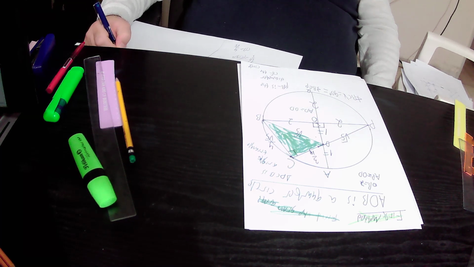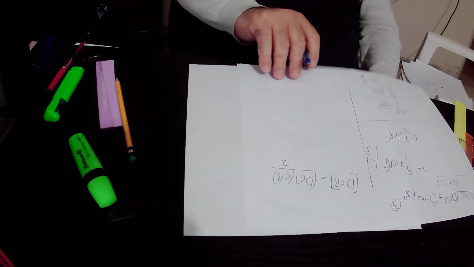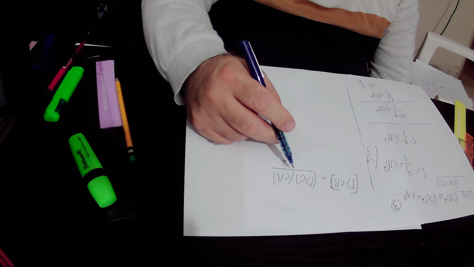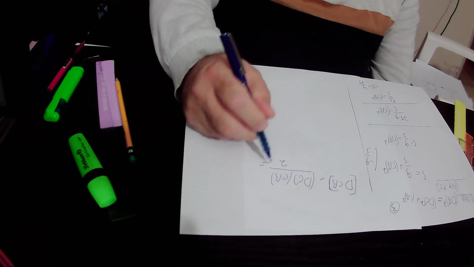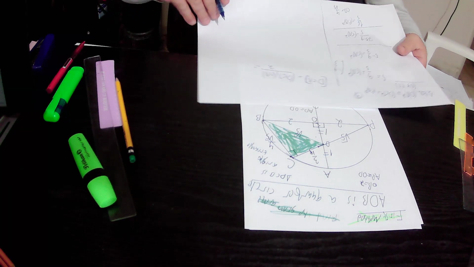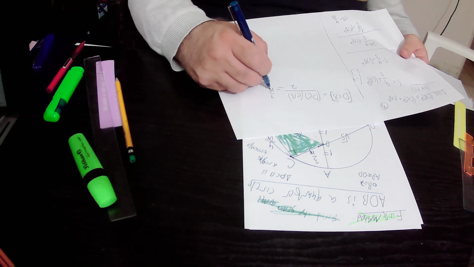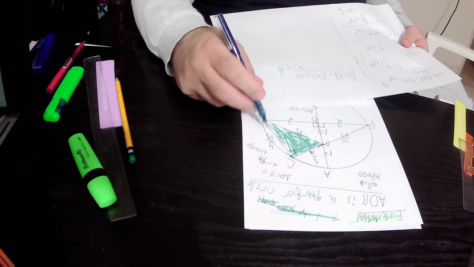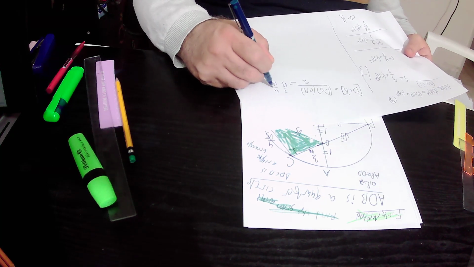I repeat again: the area that we are looking for, the area of the blue triangle DCB, equals the base, DC, times the height, CB, over 2. So here we have already found that DC equals 3 over square root of 5 units, times CB, that is 4 over square root of 5 units, over 2.